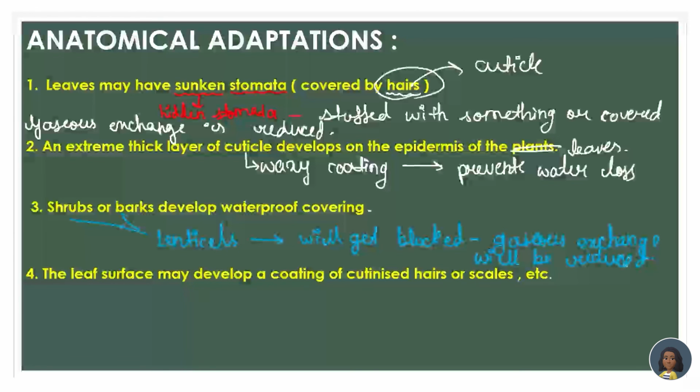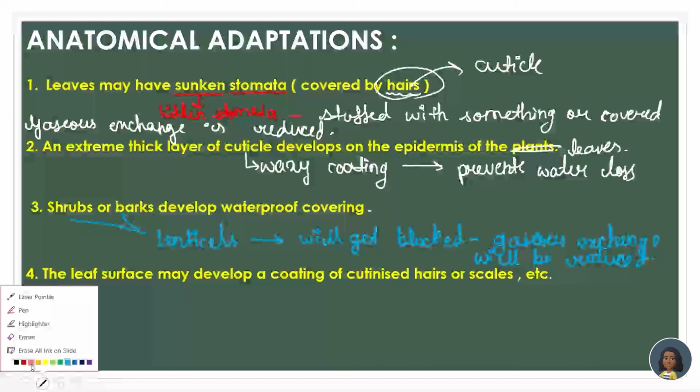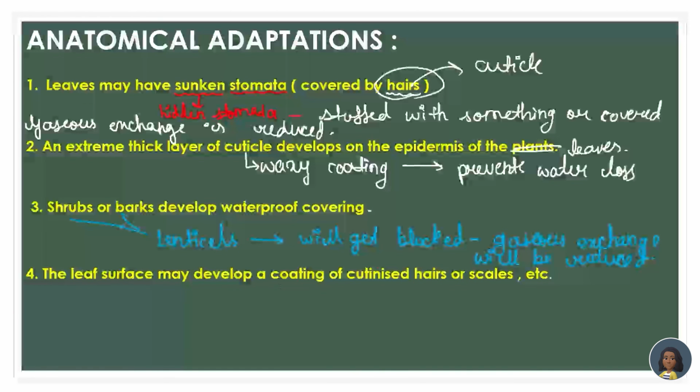Last but not the least, the leaf surface may develop a coating of cutinized hair or scales. Okay, very important point. This is the most different point of all the points. It might happen that the leaf surface may develop a coating of cutinized hair. Now it is clear to you all that sunken stomata can be covered with cutinized hair. So I will write it here, cutinized hair, made up of cuticle.